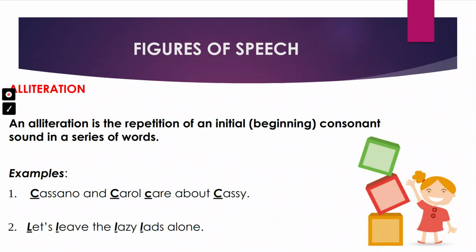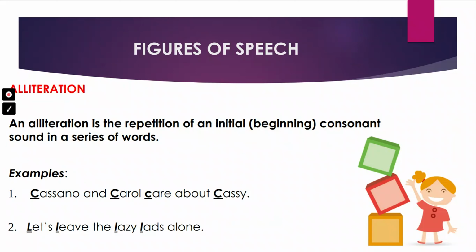Example, Cassano and Carol care about Cassie. This is an example of alliteration because you have the repetition of that hard C sound coming at the beginning of these four words: Cassano, Carol, care, Cassie. Similarly, number 2, let's leave the lazy lads alone.